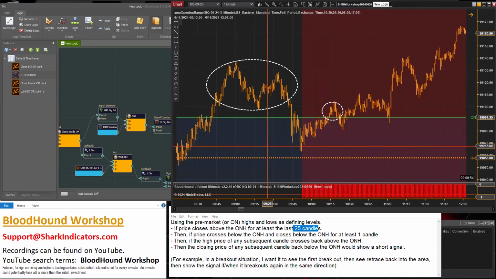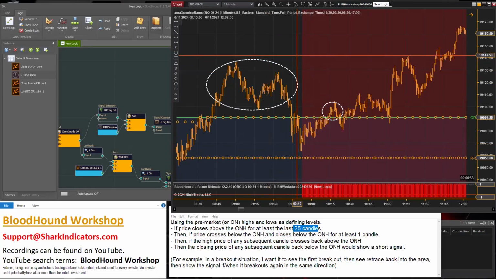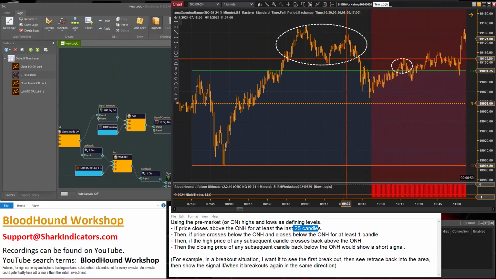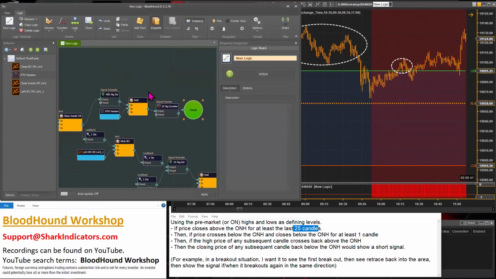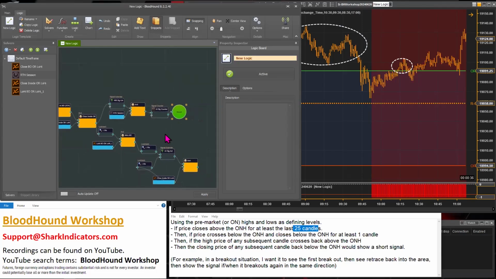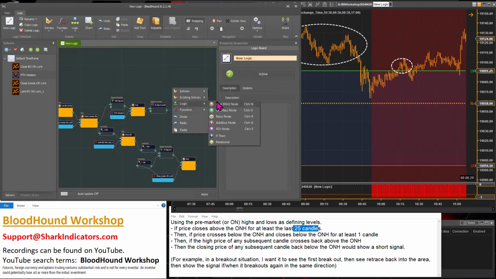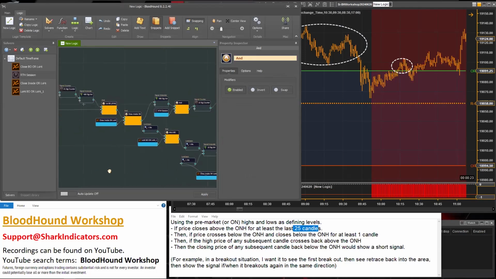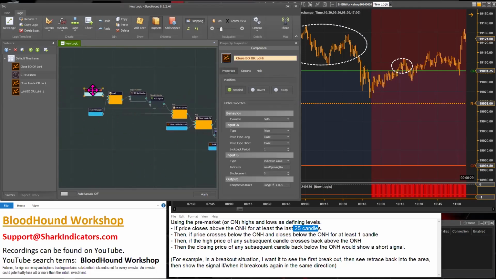And yeah, there we go. All right. So we have our breakout, and then we have price closing back inside for so many bars. And then we look for the breakout again. So I'm going to need another AND node, and I need this right close breakout of the opening range.